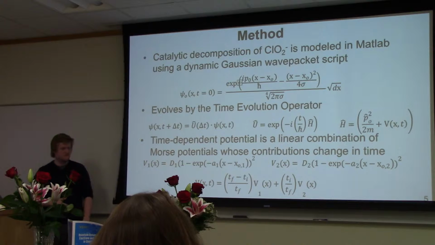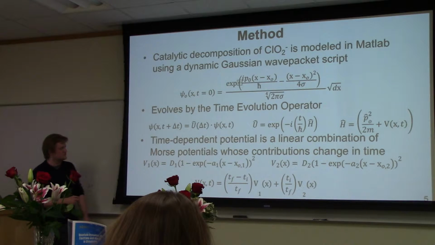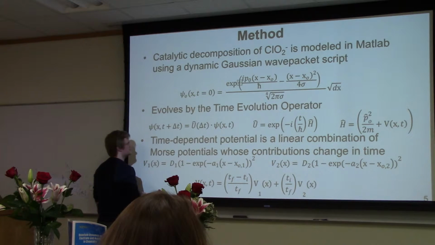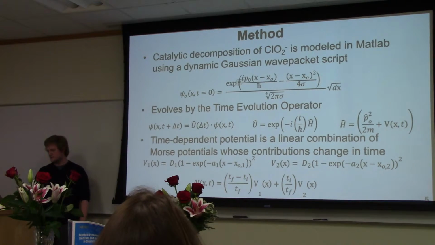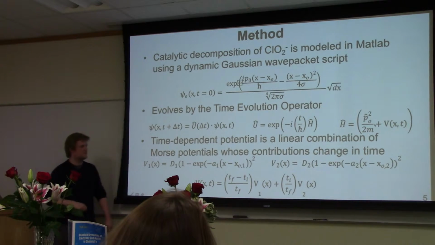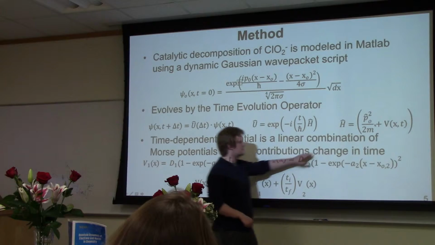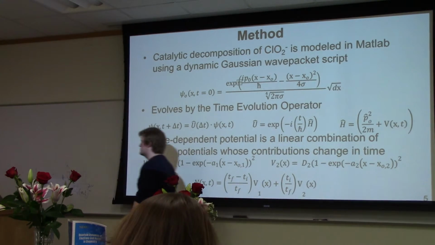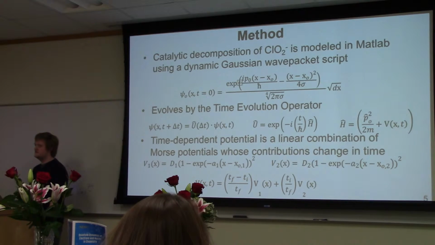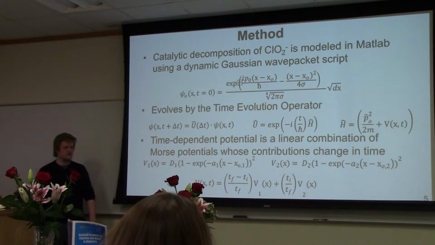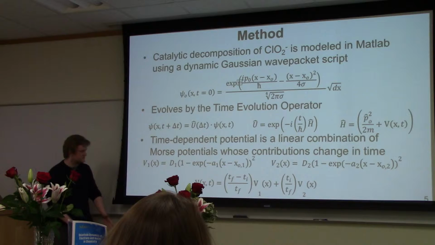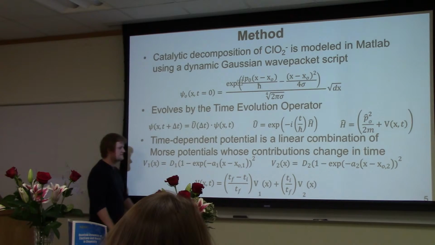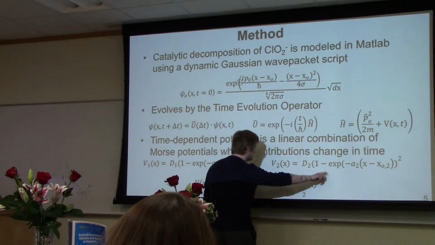It will evolve in time by the time evolution operator, shown here as U, which has a Hamiltonian, which is dependent on both momentum for the kinetic energy portion and a time-dependent potential, which will be reflected by the potential energy associated with uncatalyzed decomposition, V1, and the catalyzed decomposition, V2.